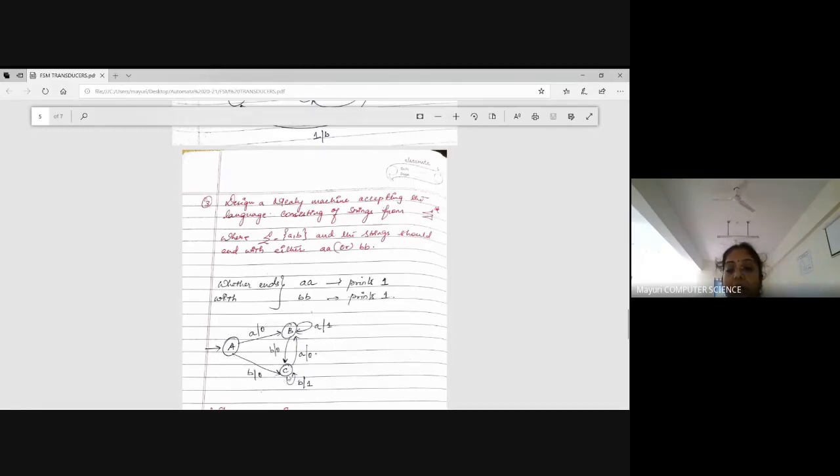From C, on B and then B, fine, output is 1. On A, you please go to B, because B you already got on output 0. So now the output is 0 for input A. After B, if you consume A, your output is 0, so you go to a state which already got the output 0, that is also B. B has two different things, the output 0 and then 1.